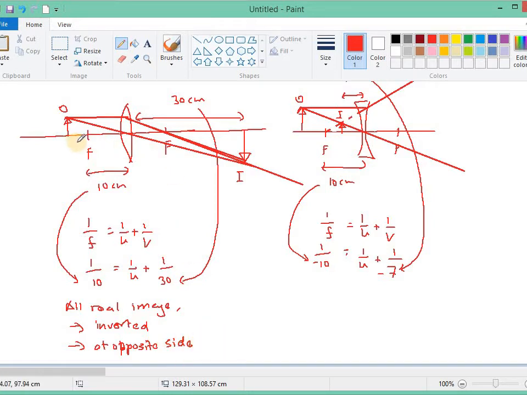That means opposite here. All real images are definitely inverted and on the opposite side.